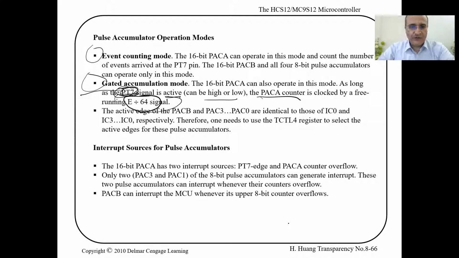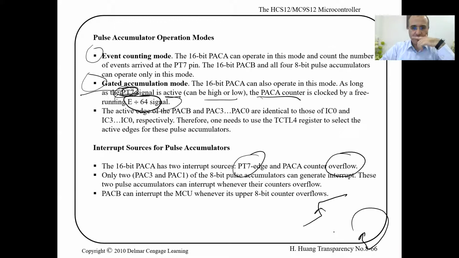Okay, the pulse accumulator has two interrupt sources on port T7 for pulse accumulator A: the edge, and the pulse accumulator counter overflow. So an interrupt can be generated on a coming edge or on an overflow of the accumulator.